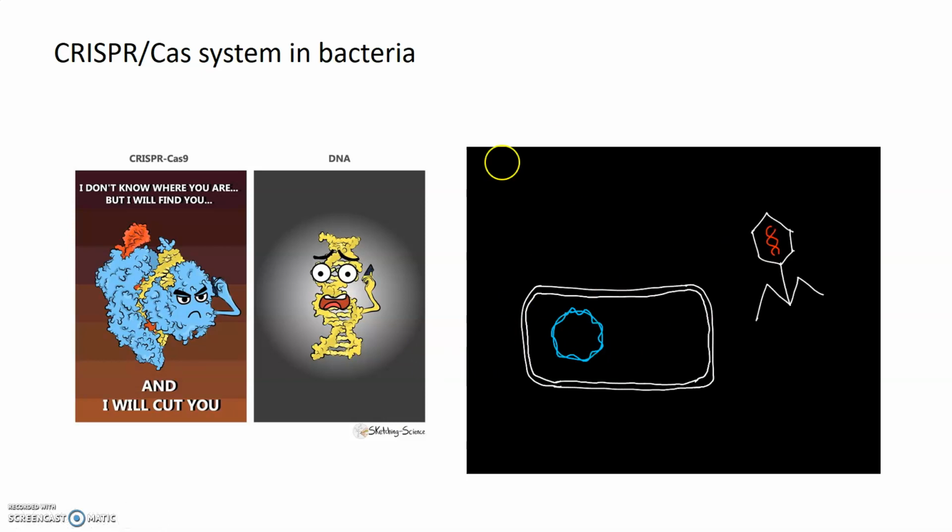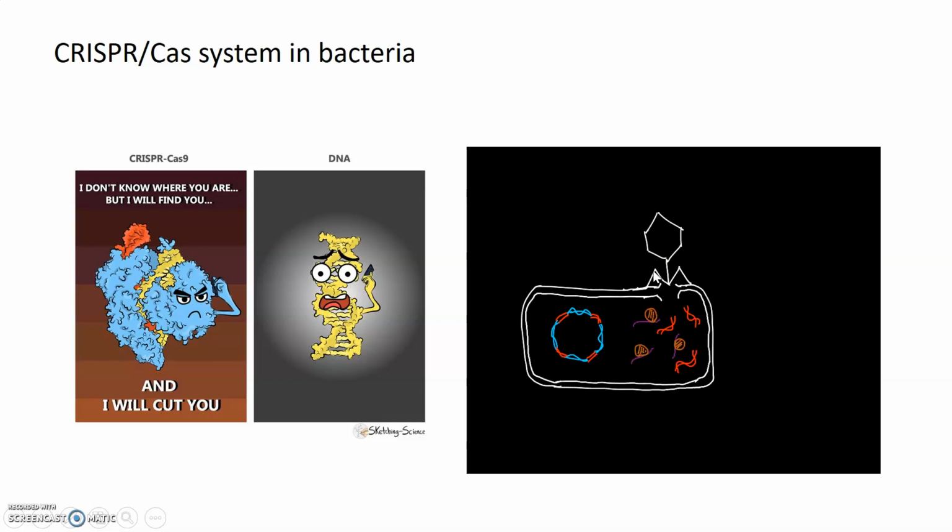So, bacterial chromosome here, the virus injecting its DNA, getting incorporated into the bacterial chromosome, generating these RNAs, which are guided by the enzyme Cas9 to degrade any new viral DNA that tries to infect the cell and prevent that virus from infecting that bacteria again.